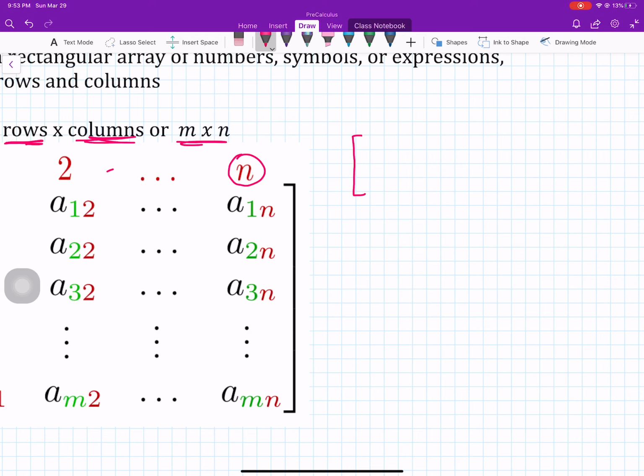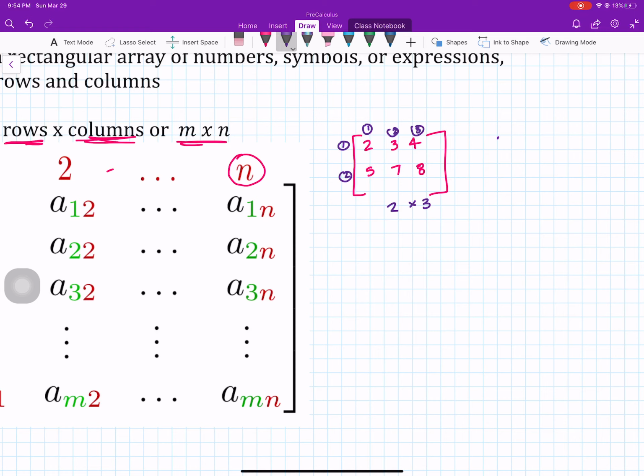If I have 2, 3, 4, 5, 7, 8, let's say this is my matrix. There are 1, 2 rows, and then 1, 2, 3 columns. So this would be a 2 by 3 matrix.